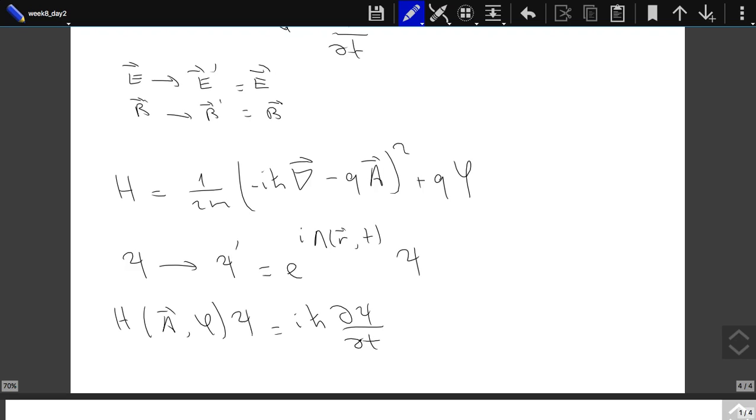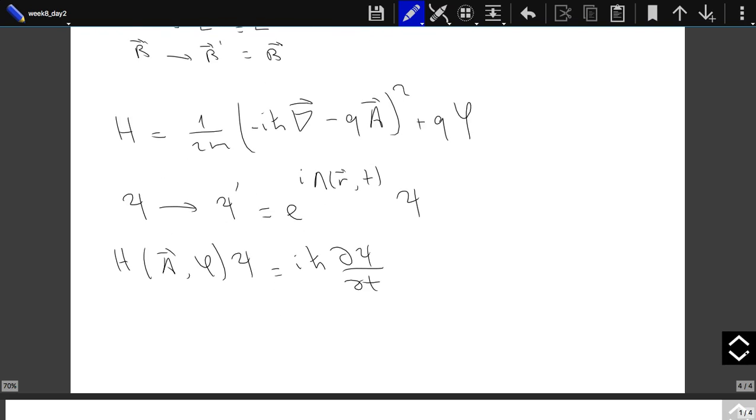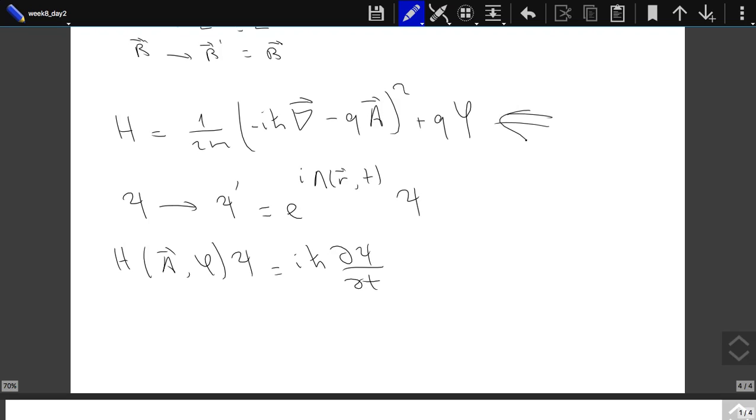So psi satisfies this equation, where H is given by this expression over here, the Hamiltonian. So this tells me that I can write psi as e to the power minus i lambda times psi prime, and let's just put it over here in the Hamiltonian. Now the thing is, let's start with minus i h bar gradient acting on psi.